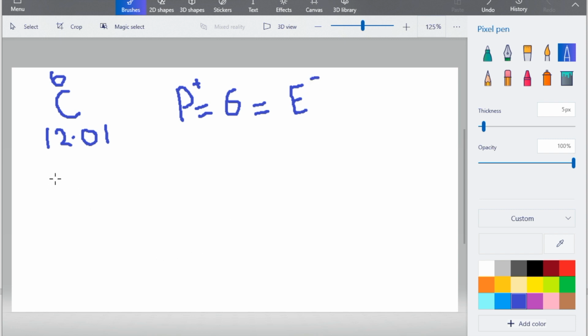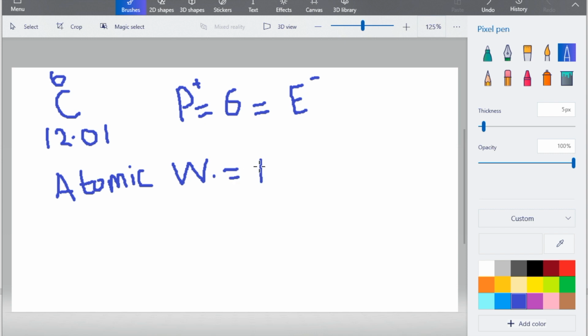Now the atomic weight, which we are going to be representing by W, is going to be equivalent to this 12.01 that we're talking about.